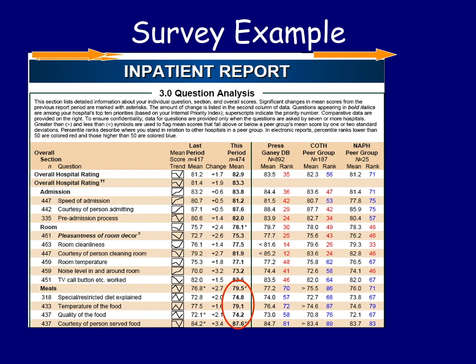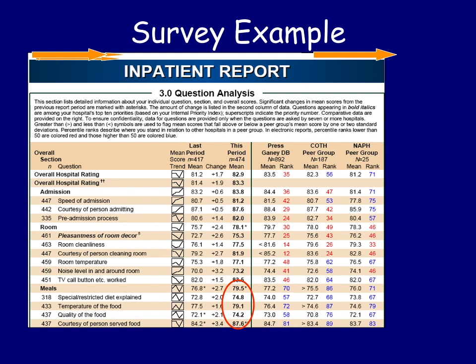I was at UMass Memorial as part of the food service practicum earlier this semester, and the food service department there actually had a bulletin board where they posted their Press Ganey scores. So these are really used within hospital settings, and this information is really valuable to a food service department. So let's take a look at how you could analyze the results.